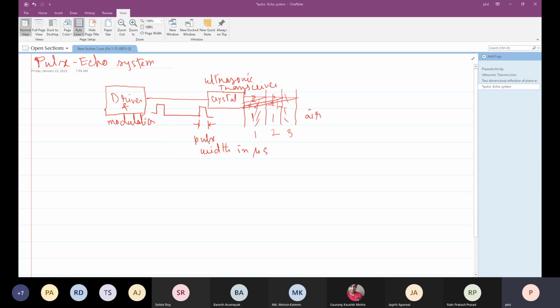Generally, the pulse width is variable in a pulse echo system, and then this is the pulse repetition time, TR. This is TW.